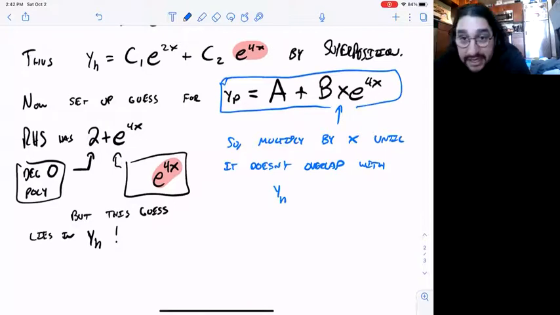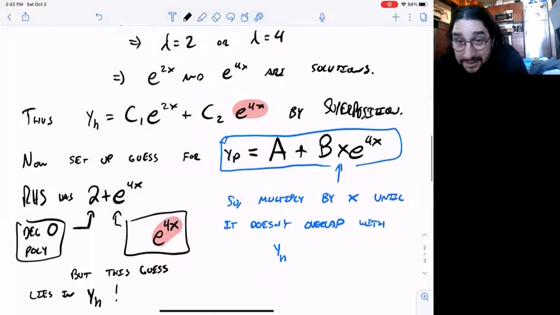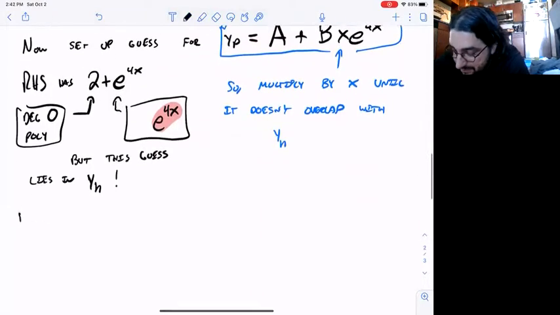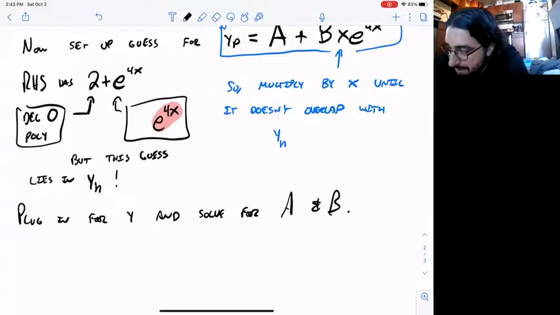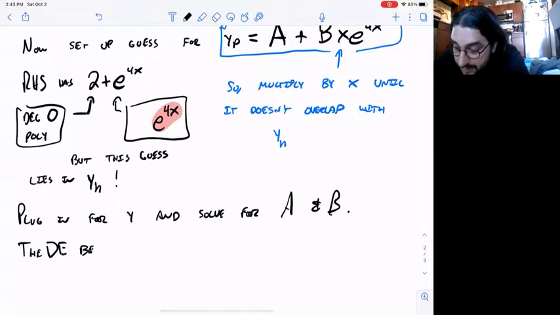So this is going to be my guess for y sub p: A plus Bx e to the 4x. Now that I have that guess, now I can plug in for y and solve for A and B. All right, so what does the DE become?